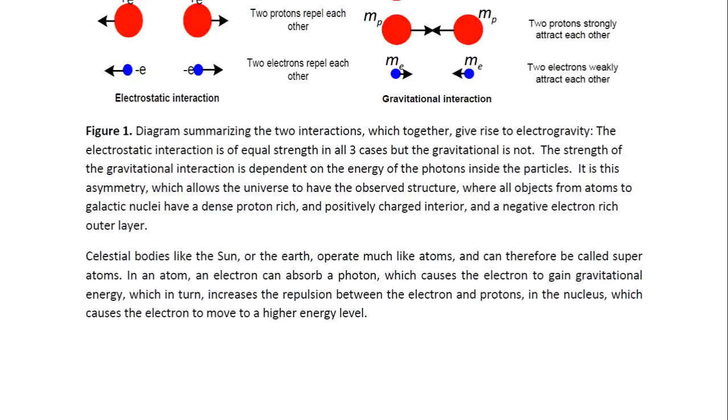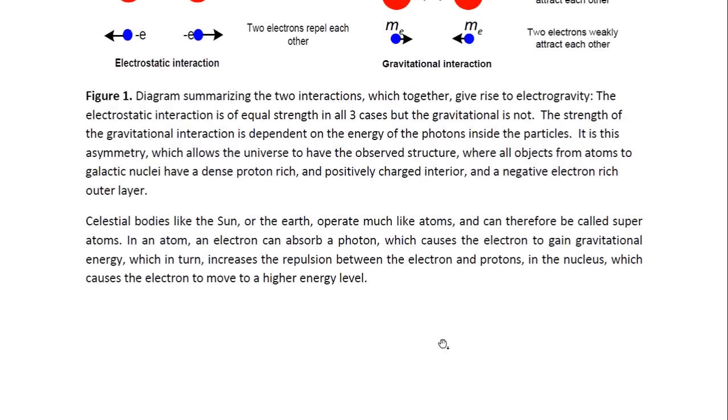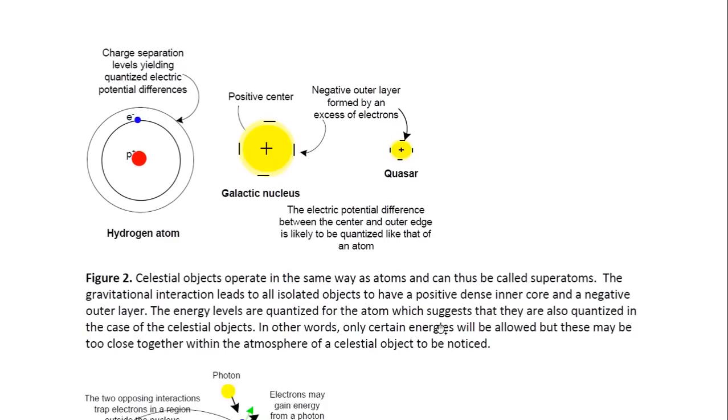In an atom, an electron can absorb a photon, which causes the electron to gain gravitational energy, which in turn increases the repulsion between the electron and the protons in the nucleus, which causes the electron to move to a higher energy level.